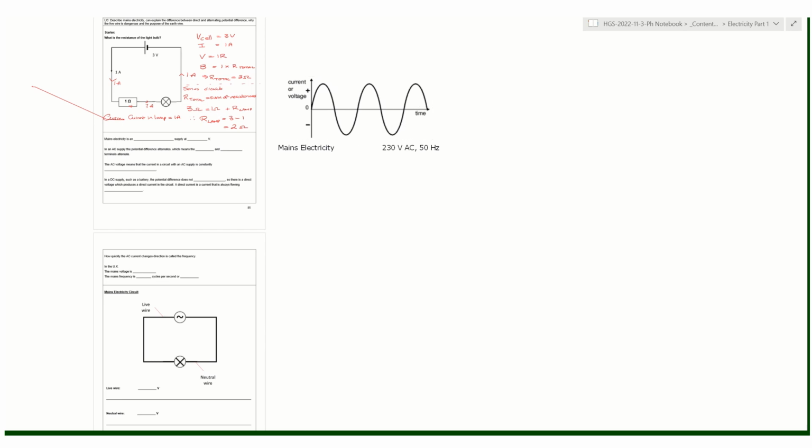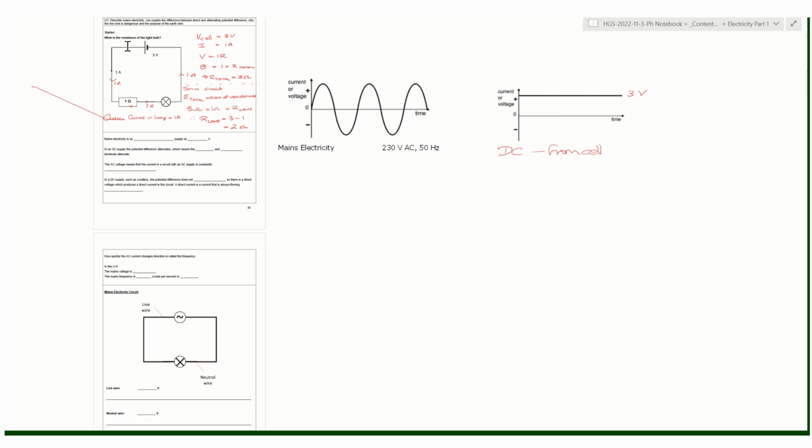If we looked at what the voltage would be from that cell, it's always 3 volts. So this is the voltage from a cell. So this is DC, and this is from a cell, and that, for example, could be 3 volts, which is what we saw in the question above.